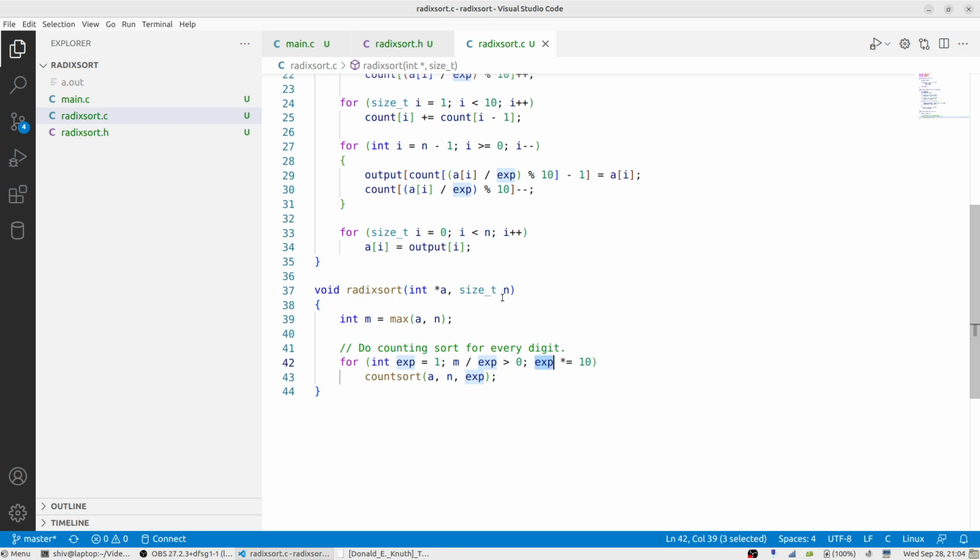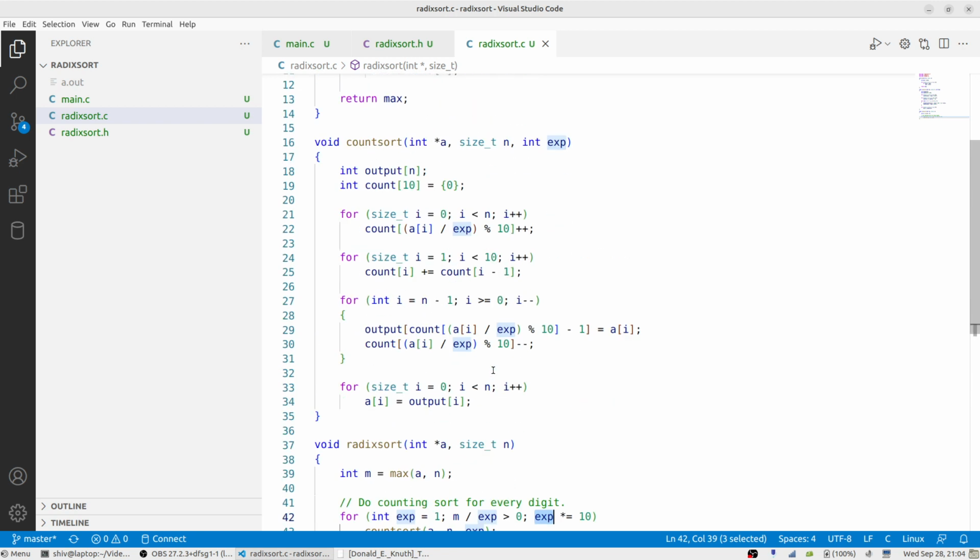So first we consider the unit's digit, then the tens place, then the hundreds place, then the thousands place, and so on. We will see how this works, because this is how the count sort's count array, which we used in count sort, finds the index. That's where exponent comes into the picture.